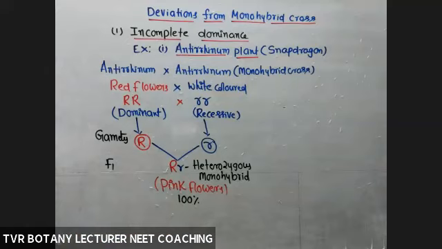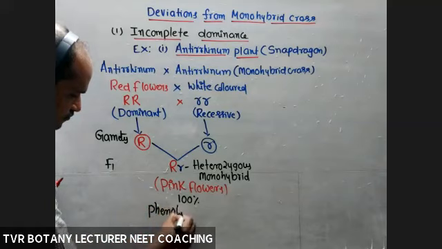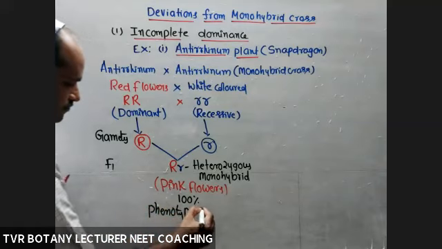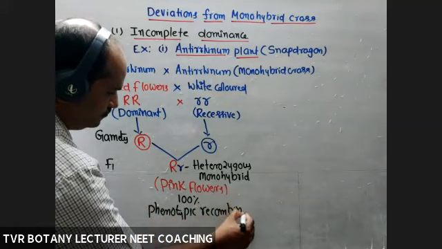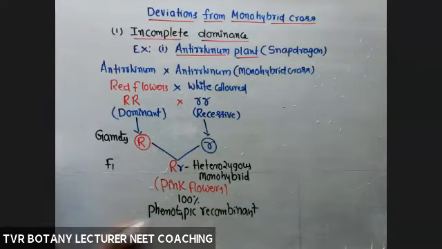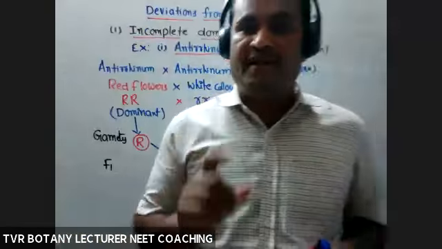So pink is a phenotypic recombinant. Instead of red, pink appeared.